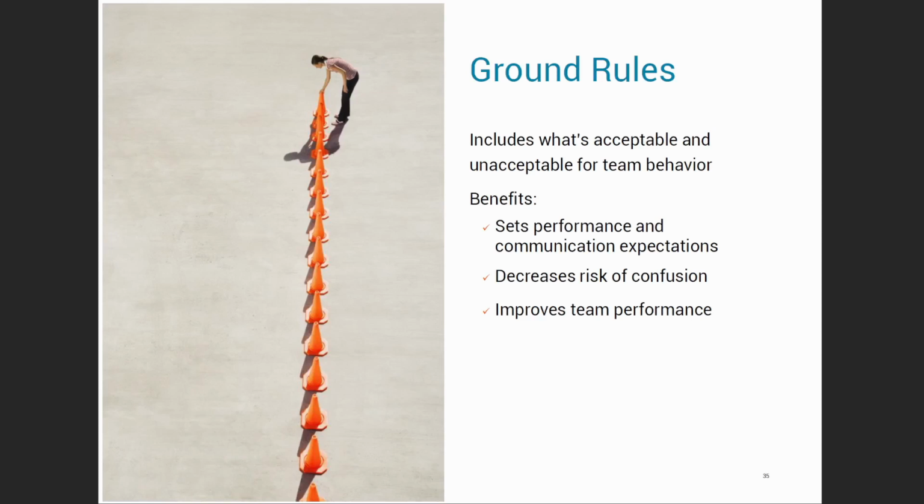This includes what's acceptable and unacceptable for team behavior. The benefits are that it sets performance and communication expectations, decreases the risk of confusion, and improves team performance. So in order to have a fair game, everyone needs to know the rules of the game, and these are the ground rules.